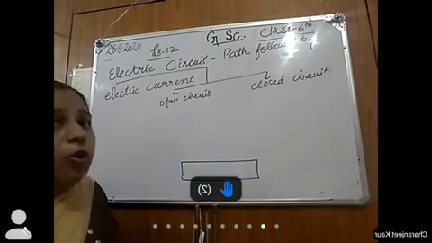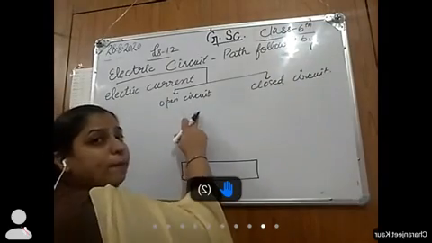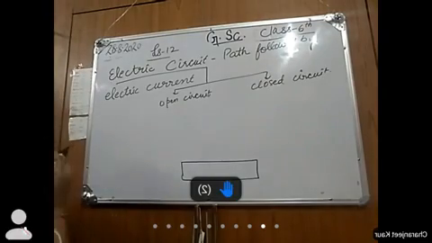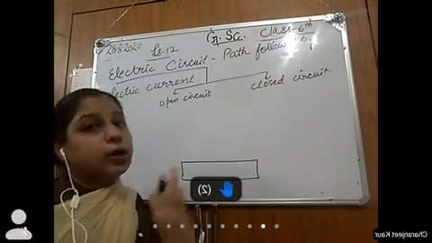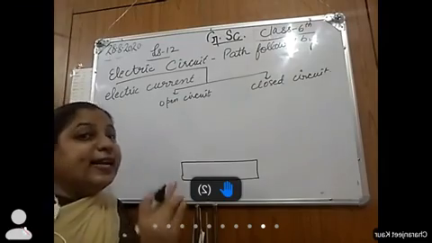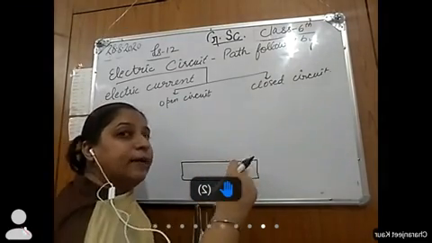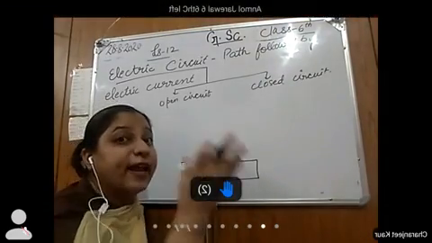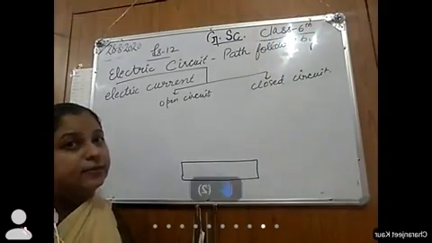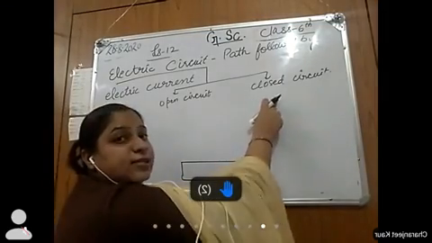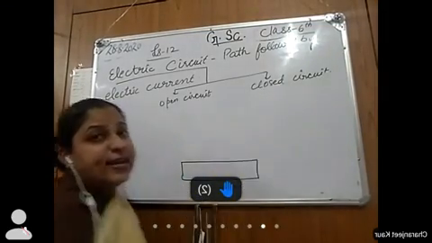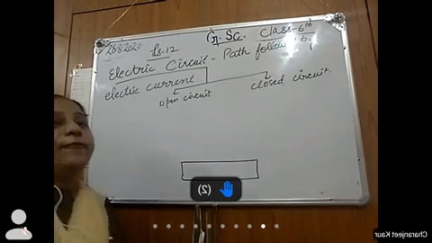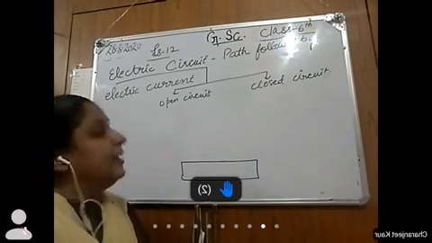Open circuit is a circuit in which the flow of electric current is broken, in which the current is not completely following the path. In simple words, there is a break in the electric circuit. And closed circuit is the circuit in which there is no break, in which there is proper flow of electric current.